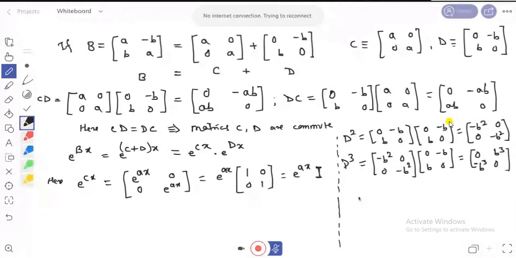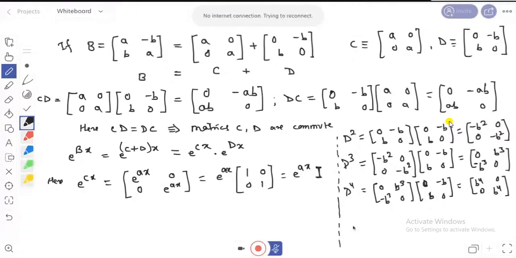What about D to the power 4? So D4 is b cube minus b cube 0 multiplied by 0 b minus b 0. So the product of this is b to the power 4. This is 0. Here b cube. This becomes 0 multiplied by this, and here b to the power 4.